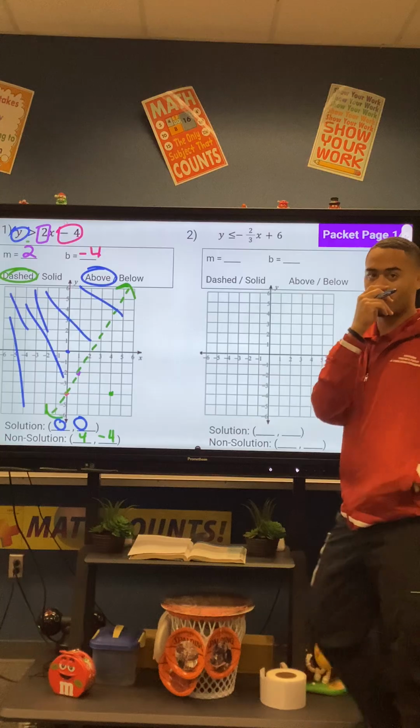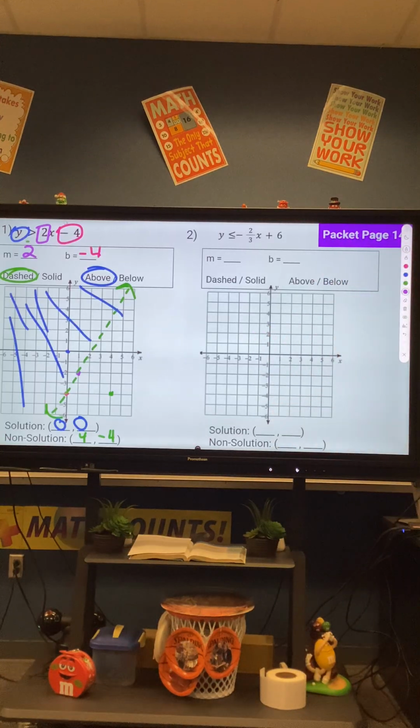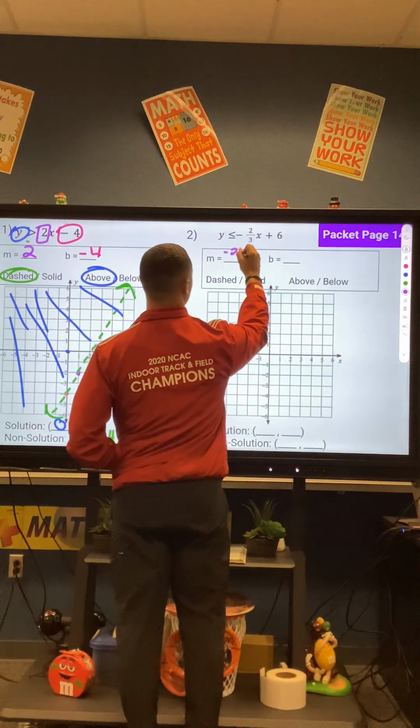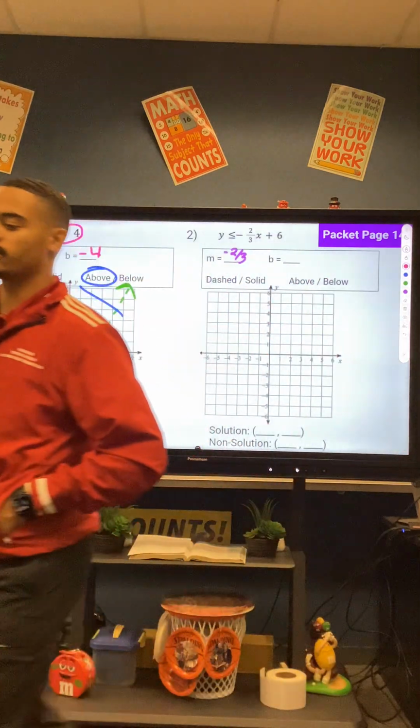What's my M value? Yes, you do. What number is attached to your X? So negative 2/3 is my M value. So Tyler, what's my B value?